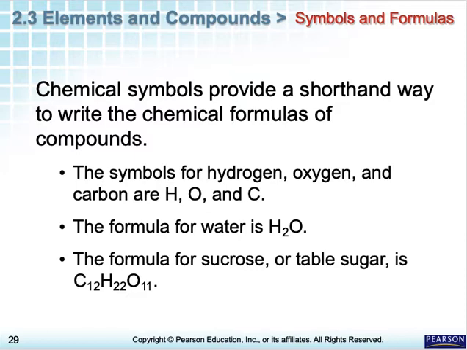Chemical symbols are shorthand. They make it quicker to write formulas. You wouldn't have to write out for, let's say, sucrose, 22 hydrogens, 11 oxygens, 12 carbons. You would be able to write just C12H22O11. So, it makes it much shorter.